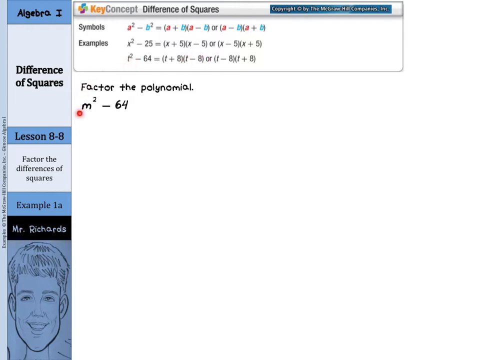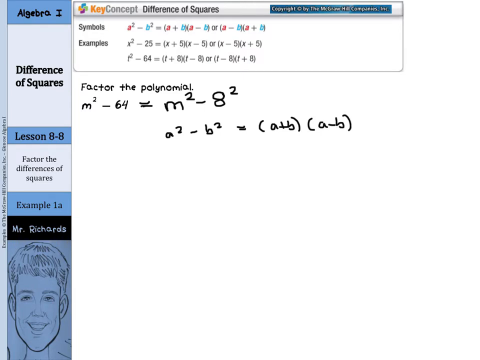And actually that key concept box helps us solve our first polynomial. We can rewrite this m squared minus 64 as m squared minus 8 squared. And so now we do have our a squared minus b squared, which is just a plus b times a minus b.